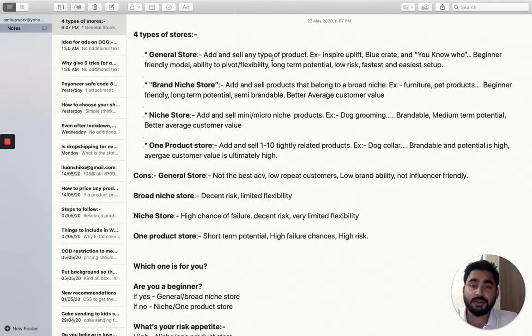Now there are a few advantages of having a general store. The first is that it's beginner friendly. Anyone who is trying to start with e-commerce and dropshipping can go ahead with a general store, then try out which product is good for them, which product is winning for them, which product is getting the most number of sales on their store, and take it from there.